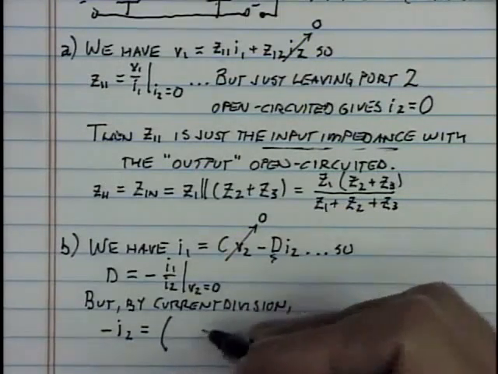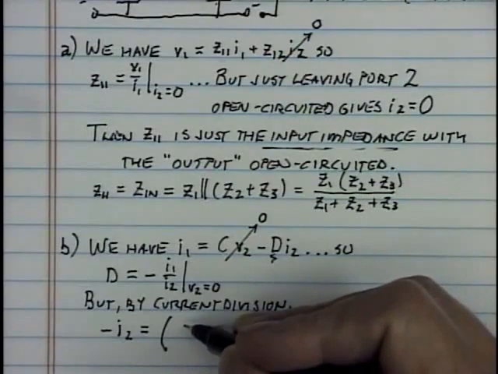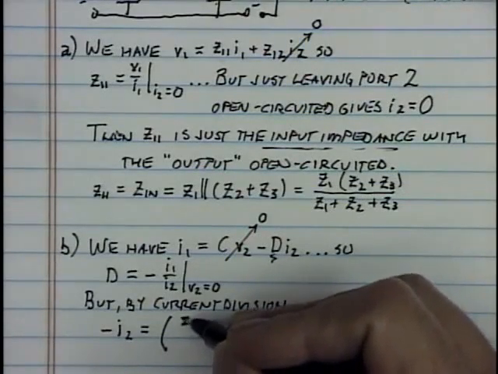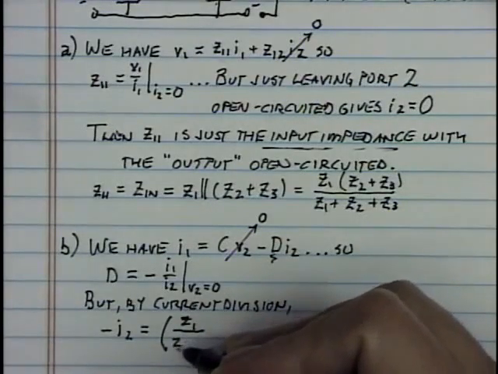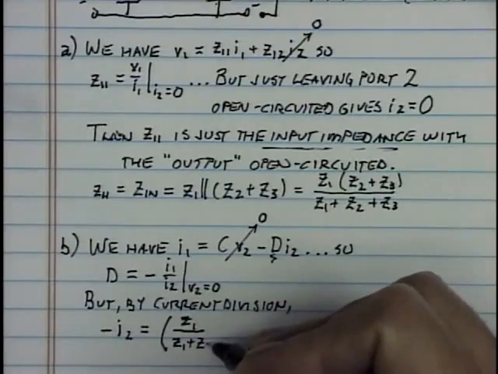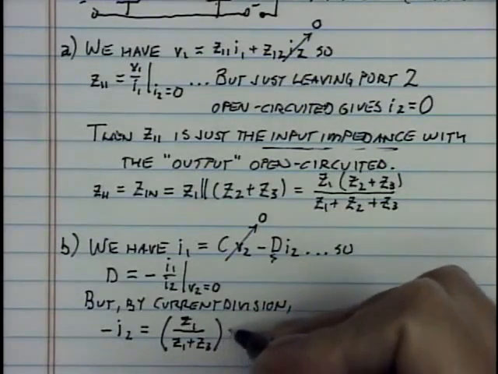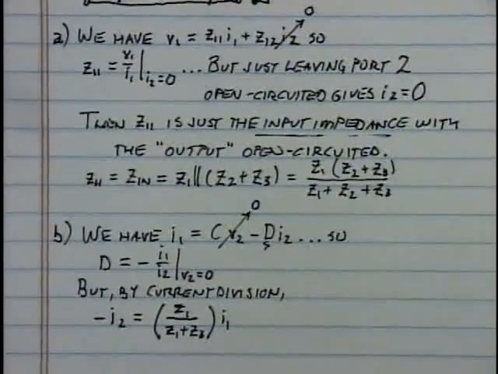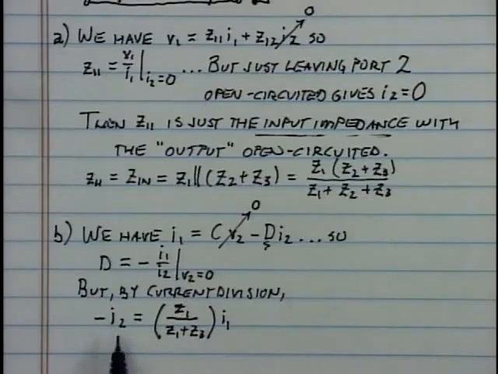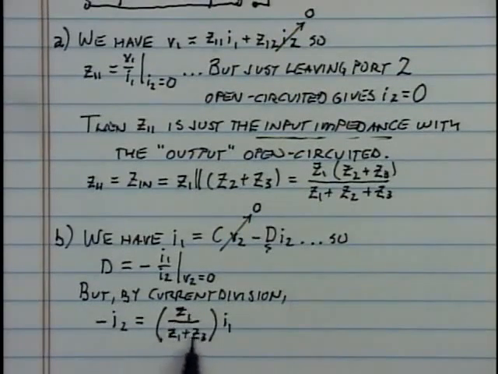And the current division factor would be equal to Z1 divided by Z1 plus Z3. Okay, so here's what I claim. I claim that you tell me what I1 is, and all I've got to do is multiply I1 by an appropriate current division factor to figure out the negative of I2. Not I2 itself, but the negative of I2.